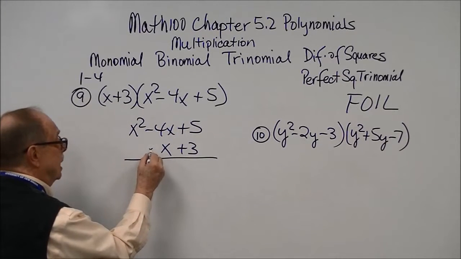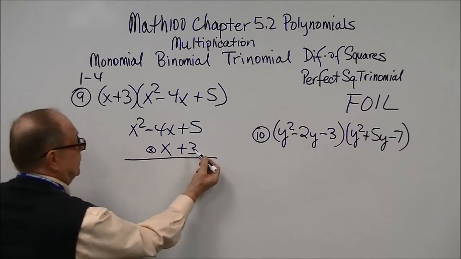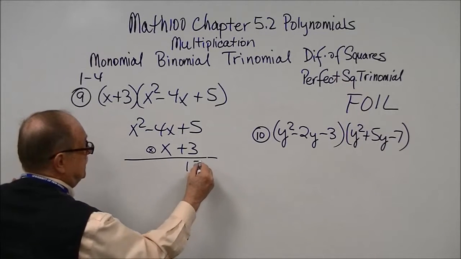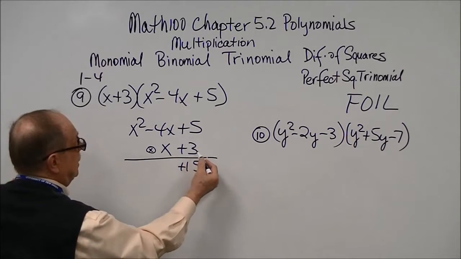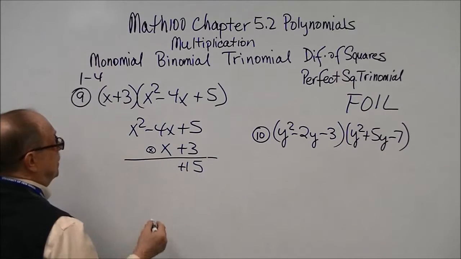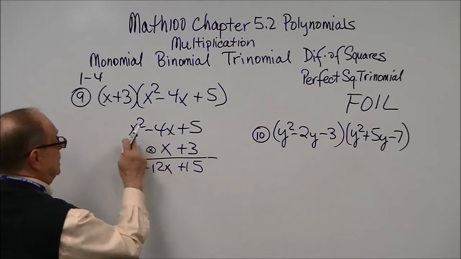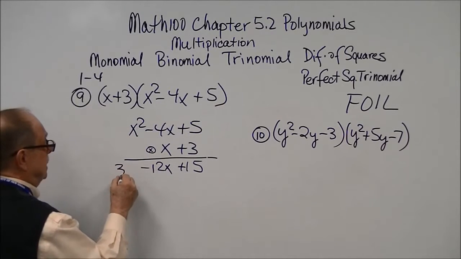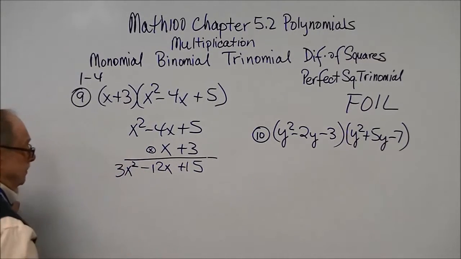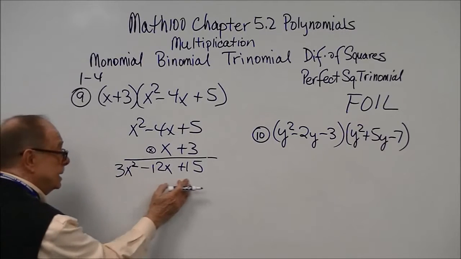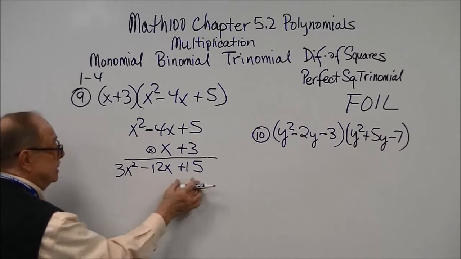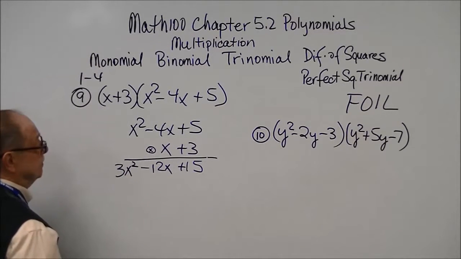Now you're going to multiply. So 3 times 5 is 15. 3 times a negative 4x is a negative 12x. 3 times x squared is 3x squared. Notice we have it in descending powers, and there are no missing powers.